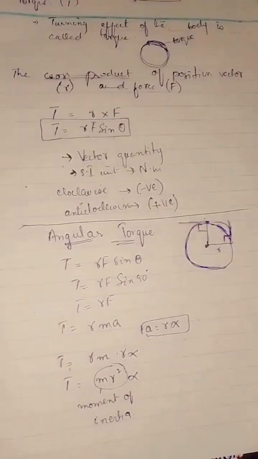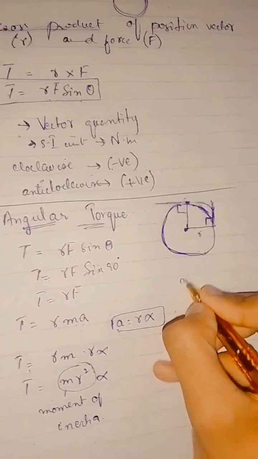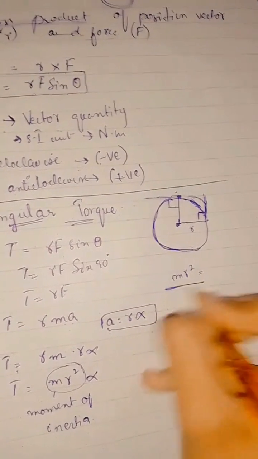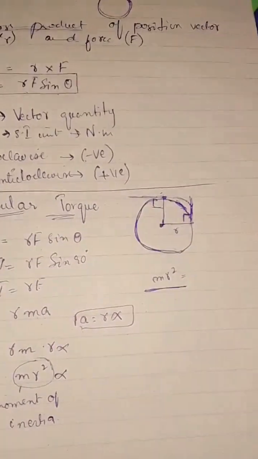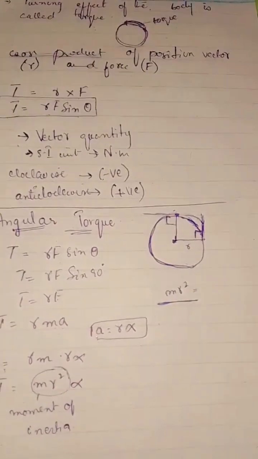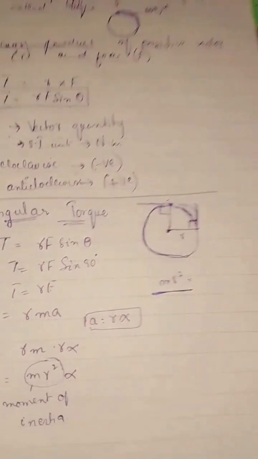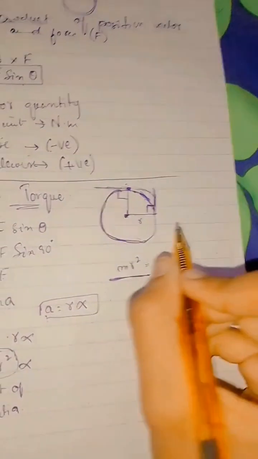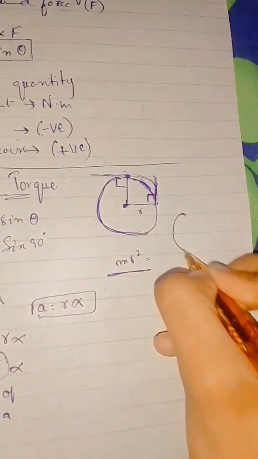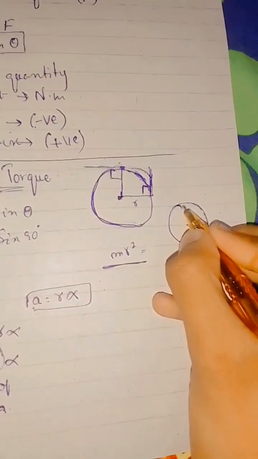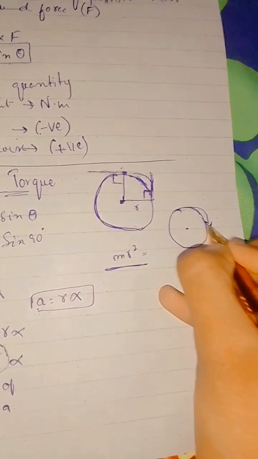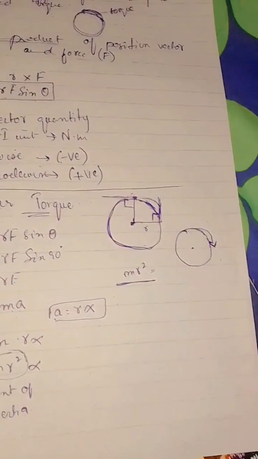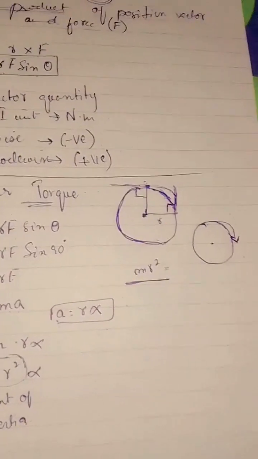Now what is moment of inertia? This m r square is basically the moment of inertia. For example, if a body is moving in a circular path with an angular mass, that is known as moment of inertia.